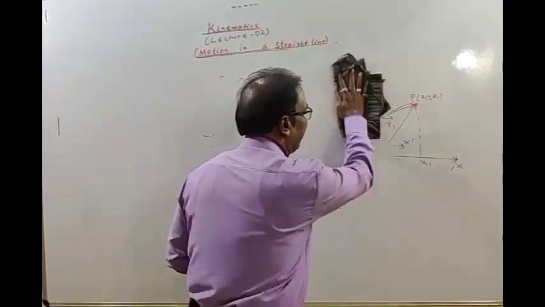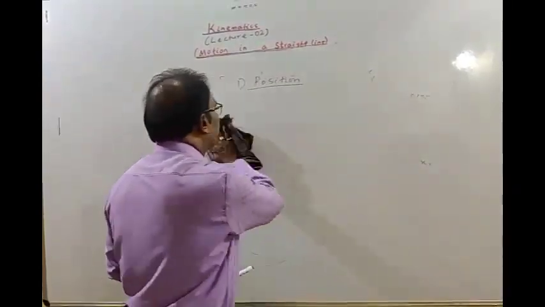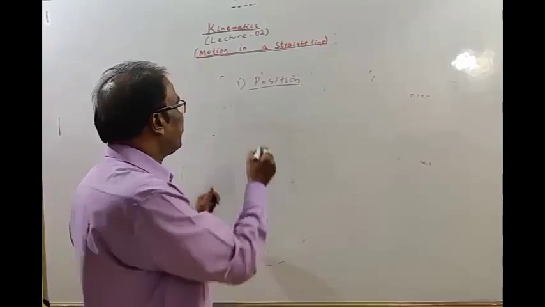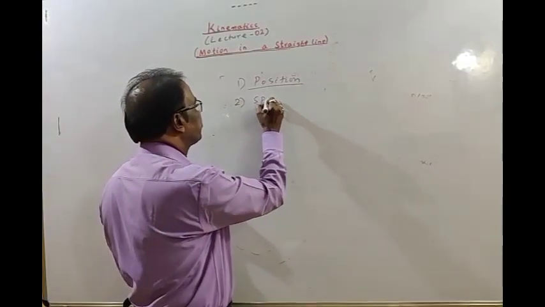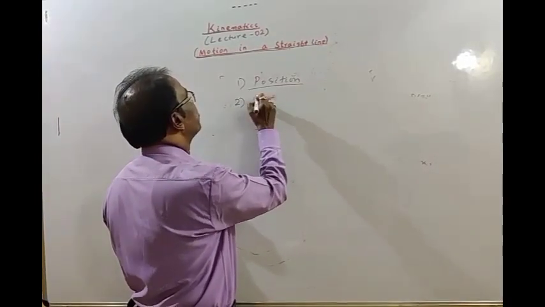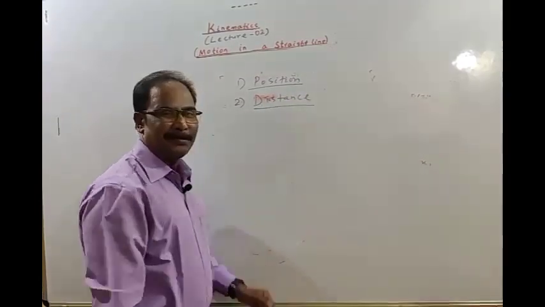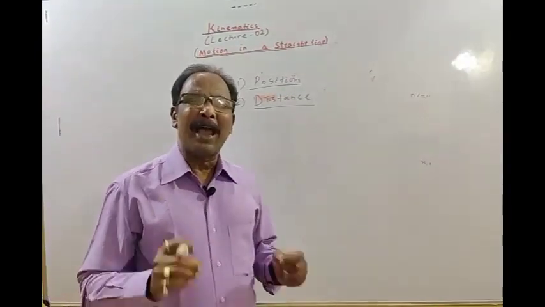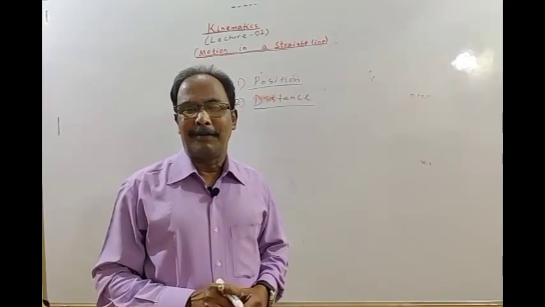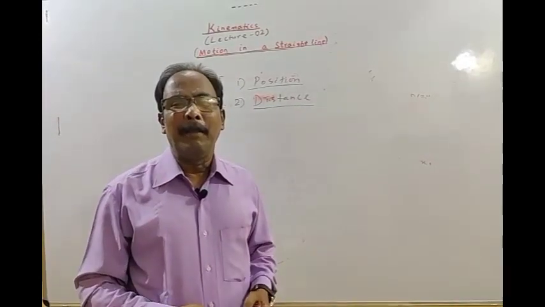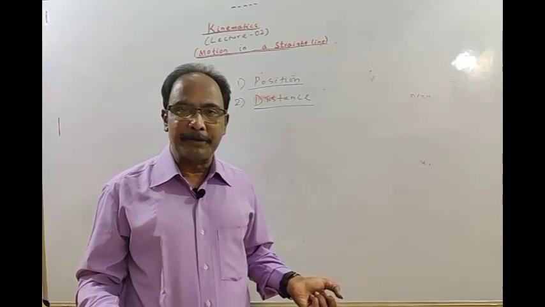Then the next parameter, number 2, is distance. What is distance? Distance is the actual path traveled by a body irrespective of direction.